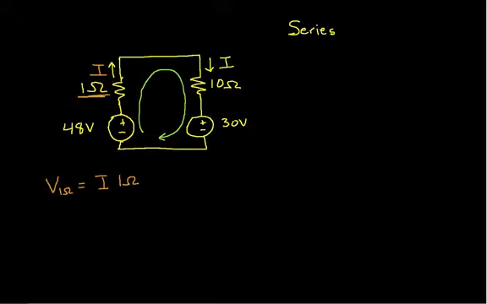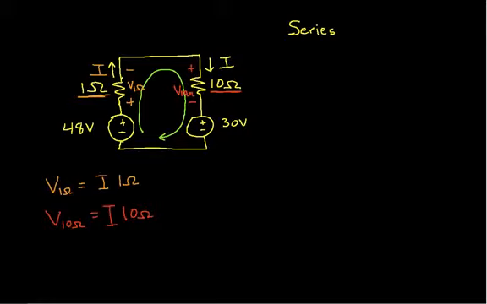So the way we've drawn the current, this is going to be V sub 1 ohm. The voltage for the 10 ohm resistor, for this one here, is going to be V10 ohm. It will be the current flowing through the resistor, which is I, times 10 ohms. So basically, this will be V10 ohms.